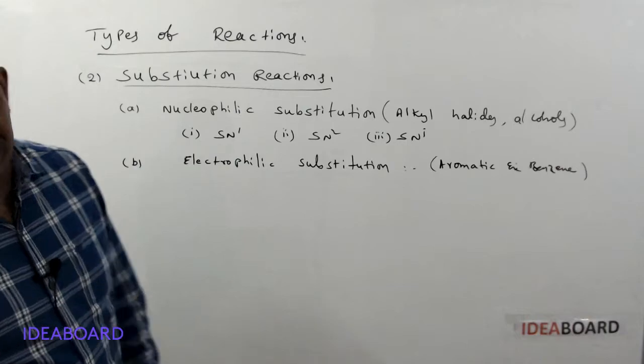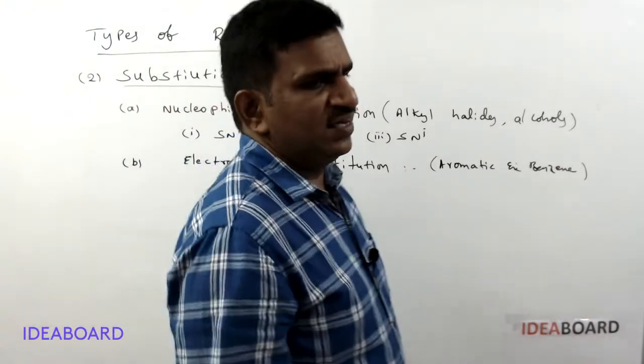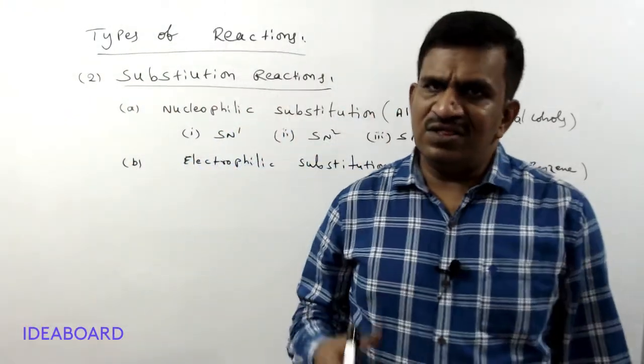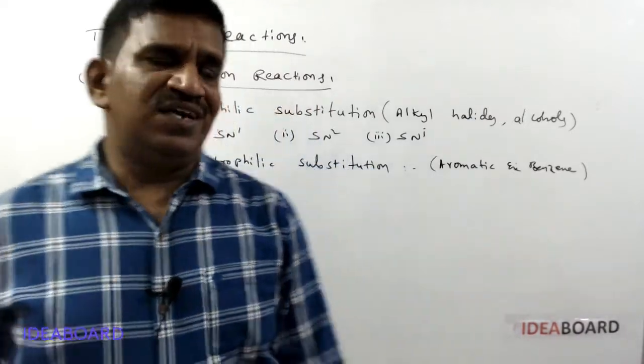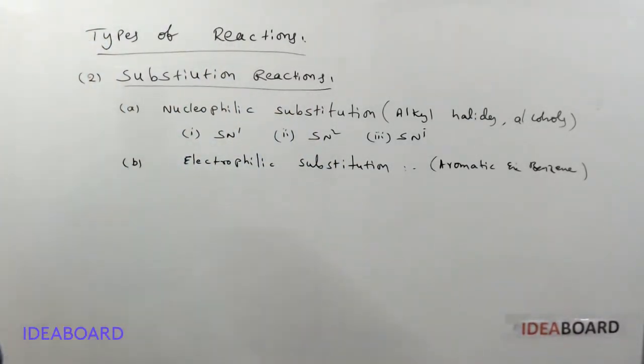Halogenation, sulfonation, nitration, Friedel-Crafts alkylation, and Friedel-Crafts acylation are all examples of electrophilic substitution reactions.